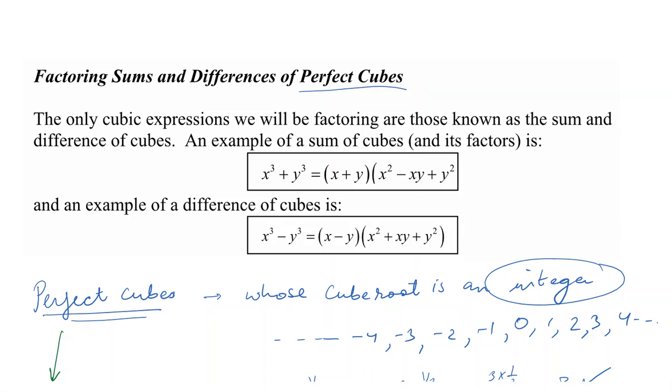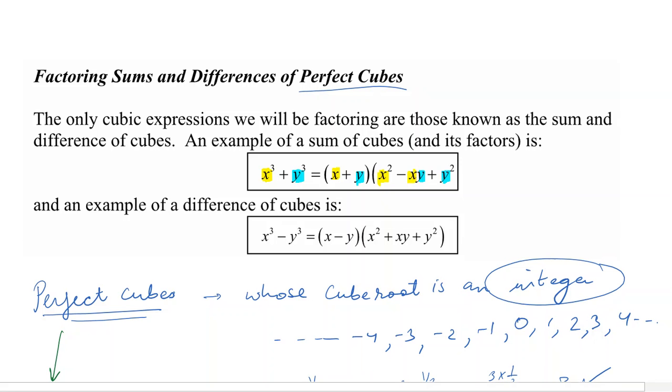For the factoring of perfect cubes, we have two formulas. The first formula is the sum of perfect cubes. If you recognize two expressions as perfect cubes and you're talking about their sum, let's say x and y are such two perfect cubes. So x^3 + y^3 is equal to (x + y), that's one factor, times (x^2 - xy + y^2).